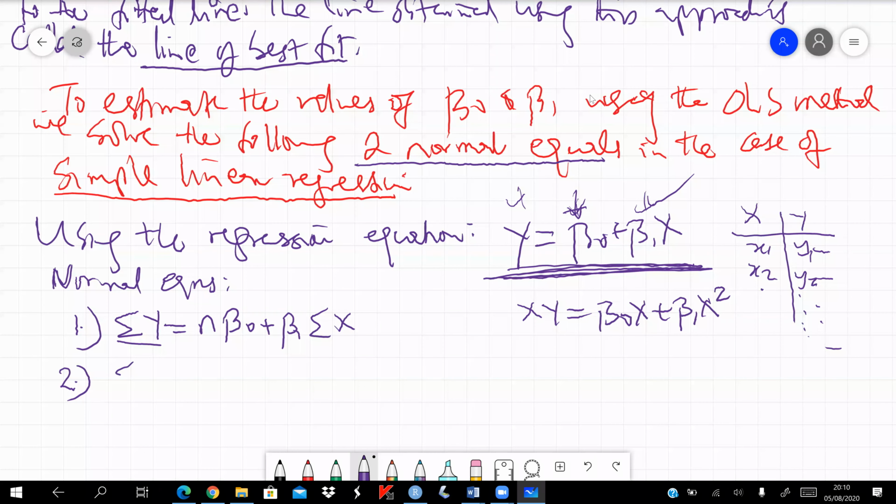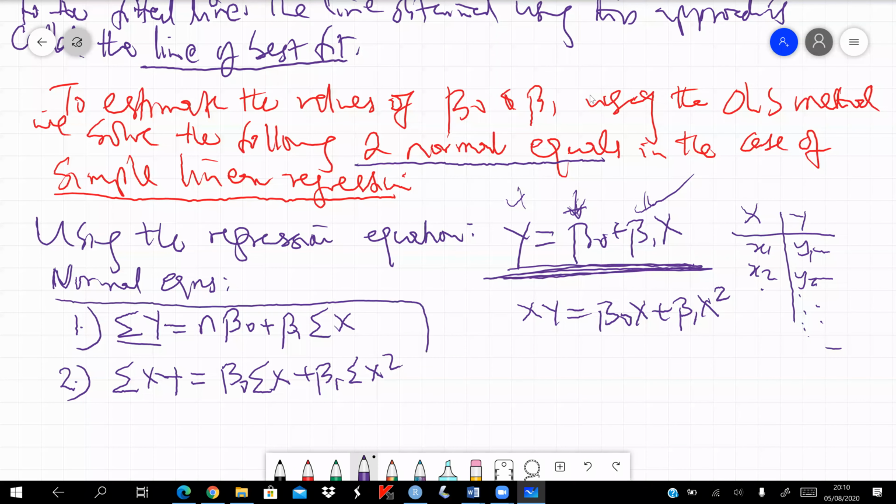You're going to have summation of xy is equal to beta naught summation of x plus beta 1 summation of x squared. These are the normal equations which we need to solve in order to find the estimates of beta naught and beta 1.